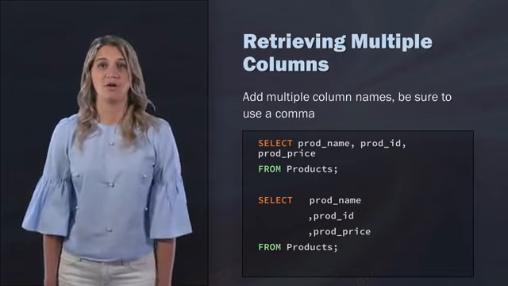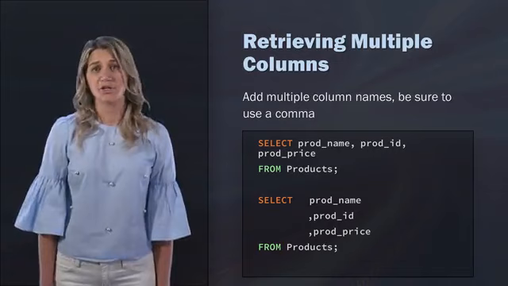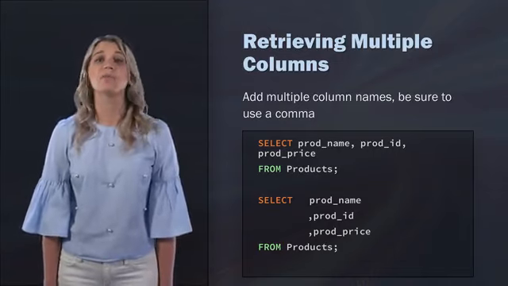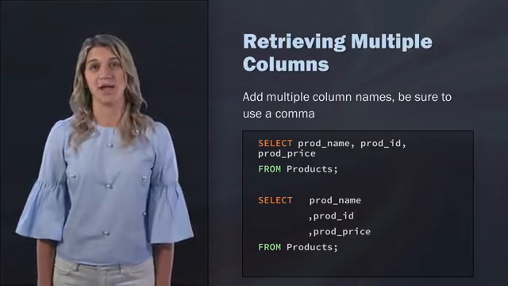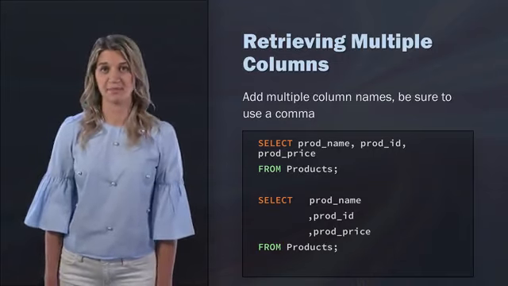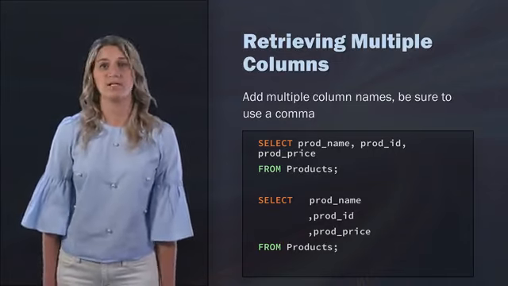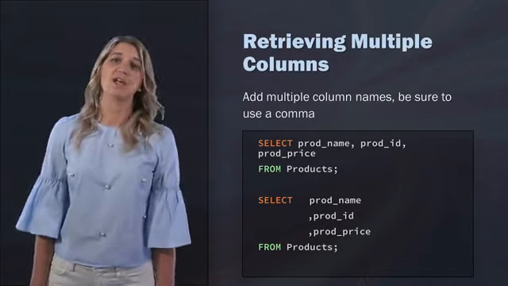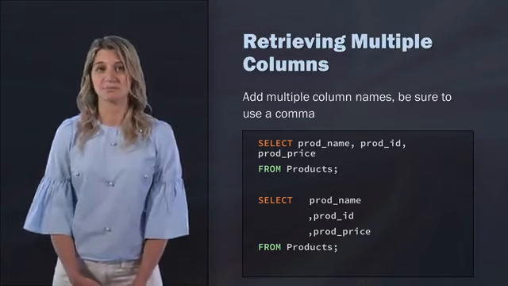You can see below that I've written this same query in two different ways. I usually write it the second way because it helps me make sure I don't forget any commas after I write a column name that I'm selecting. Each statement is the same. One is just a little bit easier to read, so that's why I write it the second way, but both statements will produce the same results.